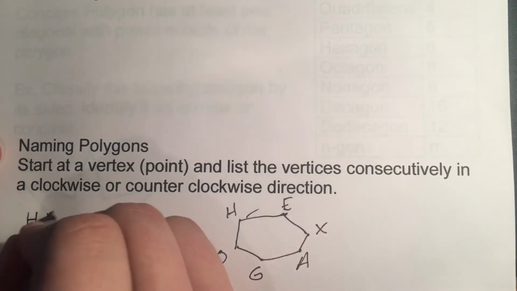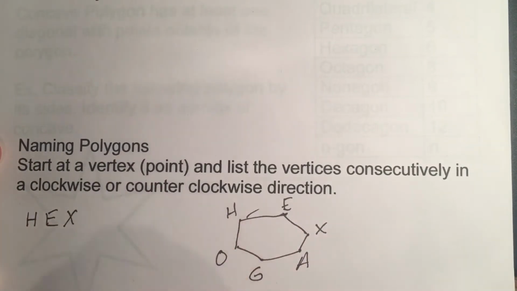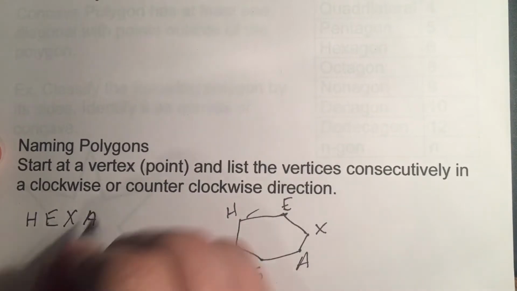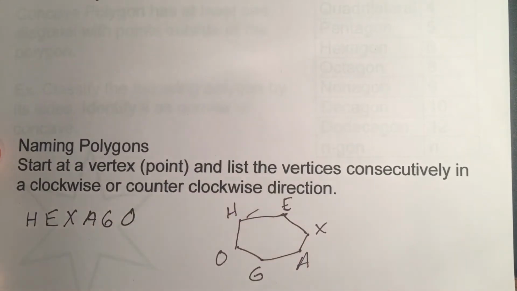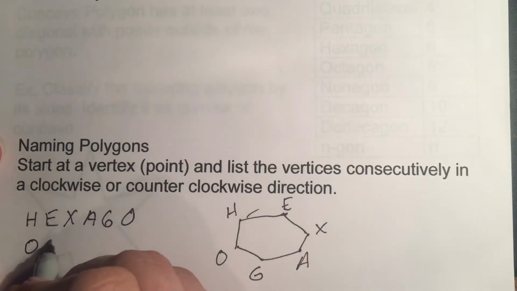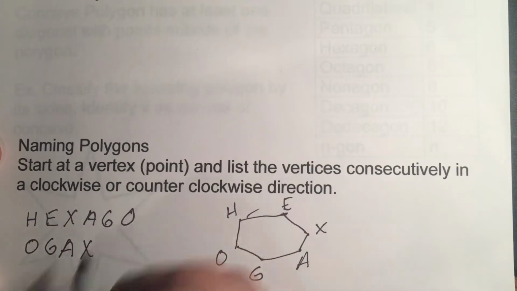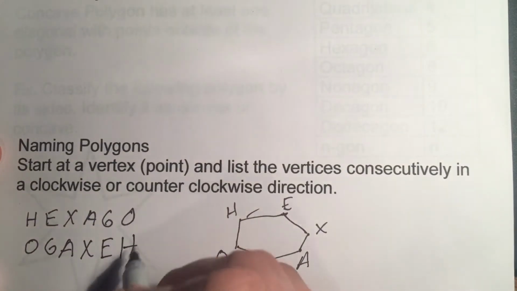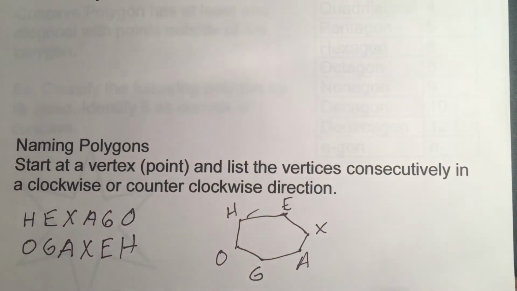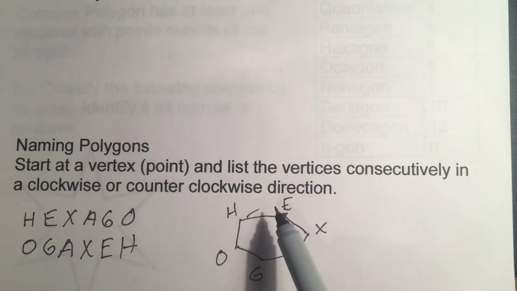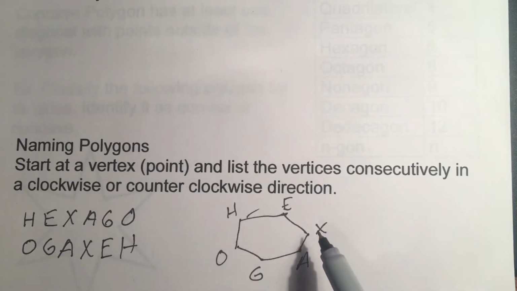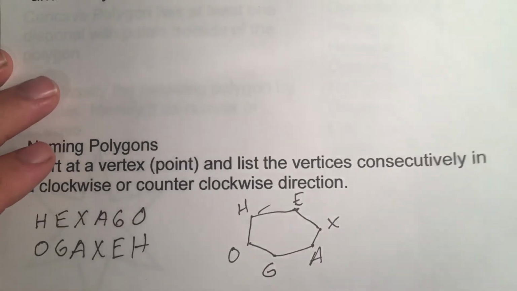The next one I'd hit is E, then X, then A, then G, then O. Now, I could go the other way. Say I start with O. I can go the other way around and go O, G, A, X, E, H. So, pick any point and you just name them consecutively, either counterclockwise or clockwise. That's how we go about that.